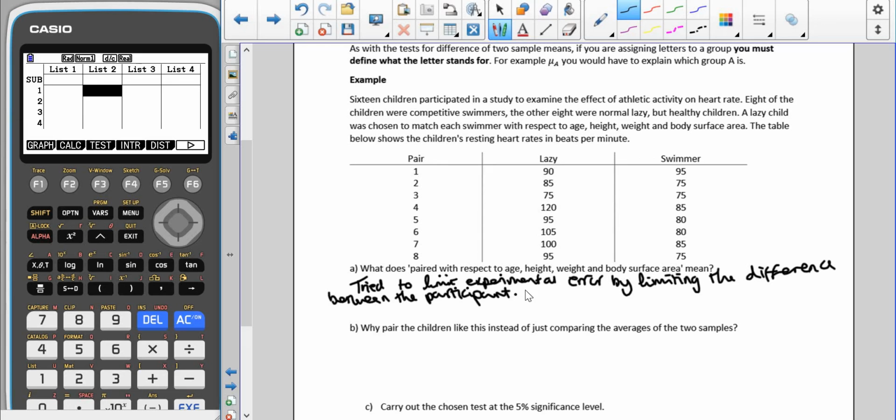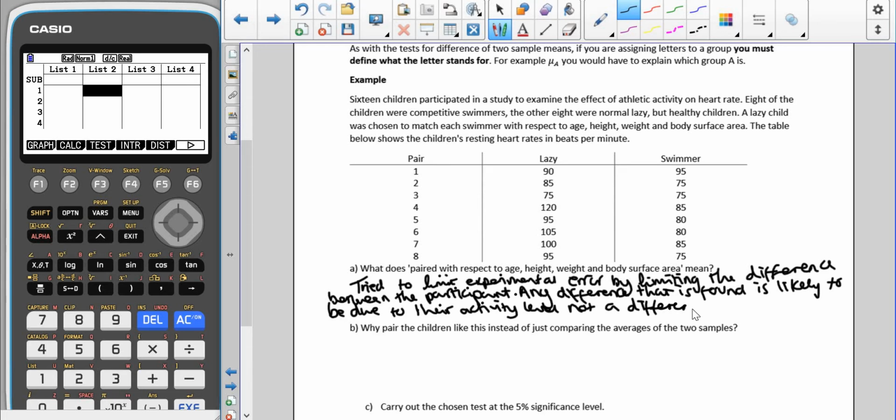And you can also say that then any difference that is found is likely to be due to their activity level, not a different variable. So we're trying to make it so that anything that we find is due to what we are looking at, not a different variable that we're not testing.